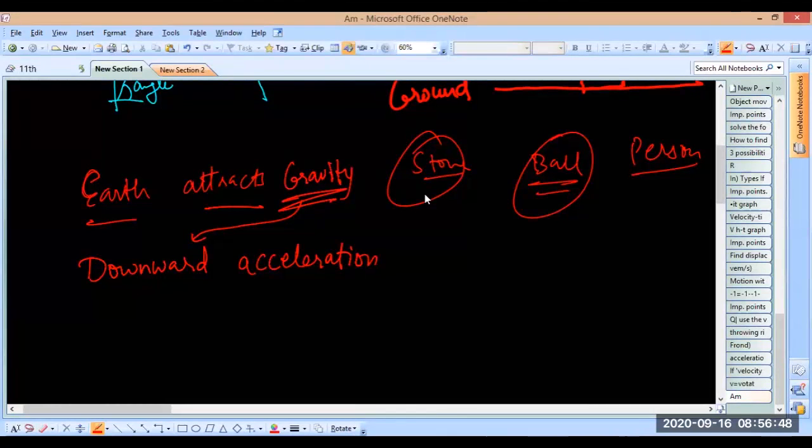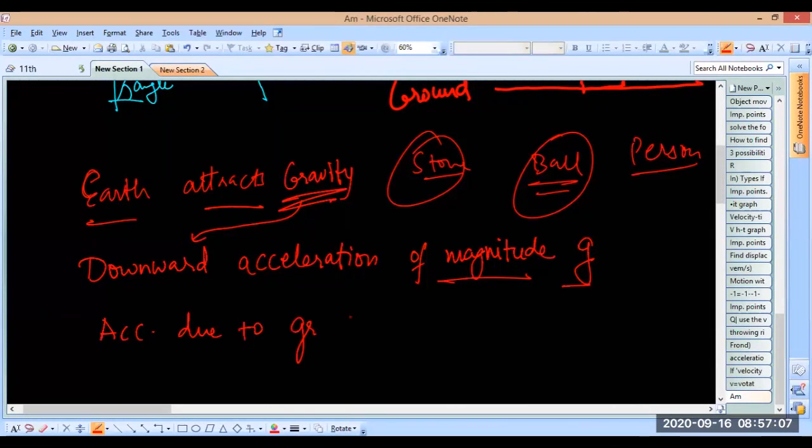Clear? This downward acceleration has magnitude g. We call its magnitude g. Remember, right? So this is called acceleration due to gravity. In physics books, you are going to find this word, acceleration due to gravity.